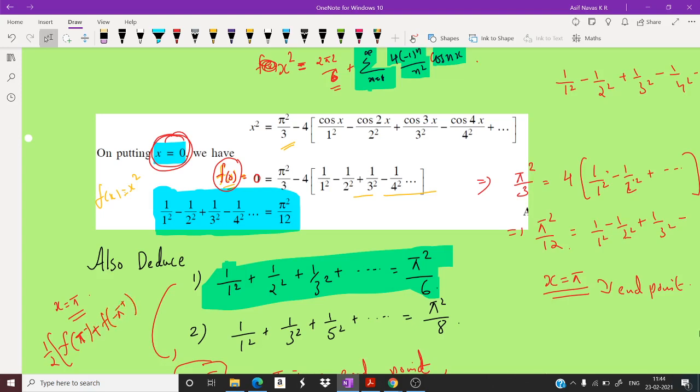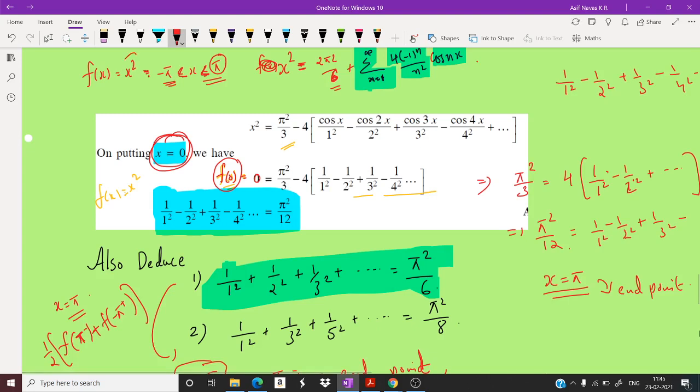Okay, so that means my f of x is equal to x square defined on the interval minus pi less than x less than or equal to pi. So it's the endpoint. I will take the left hand limit of this plus the right hand limit of this.